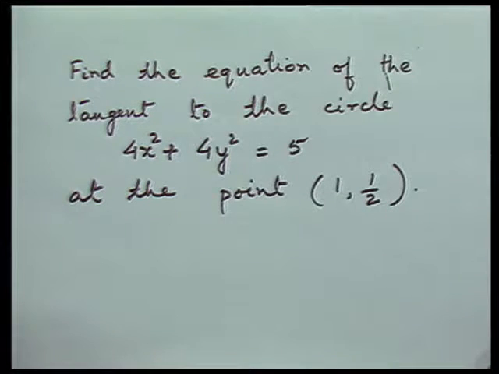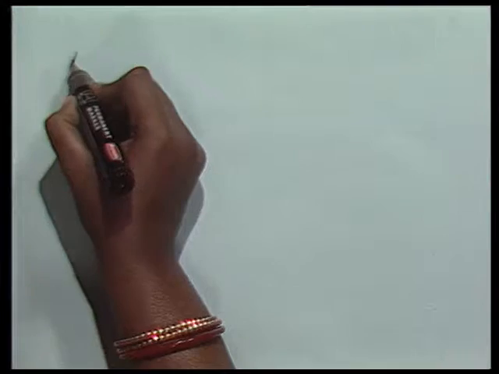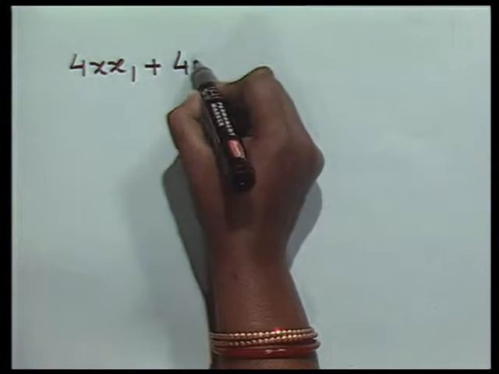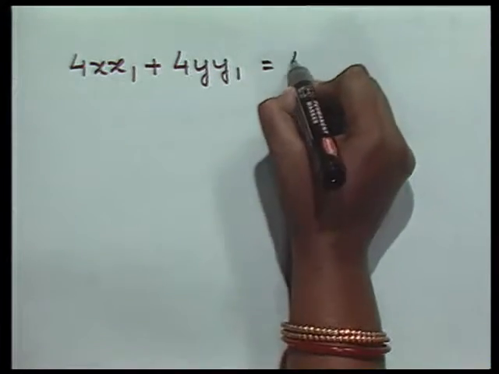Find the equation of the tangent to the circle 4x square plus 4y square is equal to 5 at the point 1, 1 half. Ma'am, here again we will replace x square by x x1, so we get 4x x1 and y square by y y1, that is 4y y1 is equal to 5.